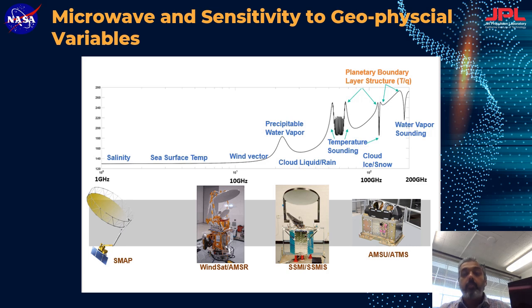If you go further up, you get more into atmospheric sounding temperatures around 118 and 183 gigahertz, which is sensitive to oxygen or water vapor. In fact, you could use those lines and everything in between to back out planetary boundary layers. So there are several things across the spectra that we're interested in, which is why most radiometry folks work in all frequencies. In a way, they're interested in everything.